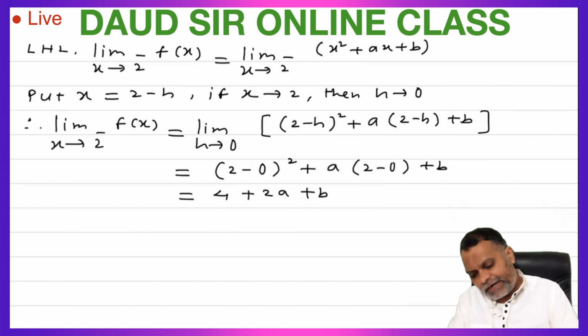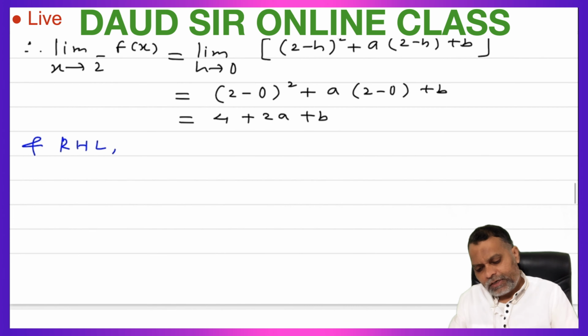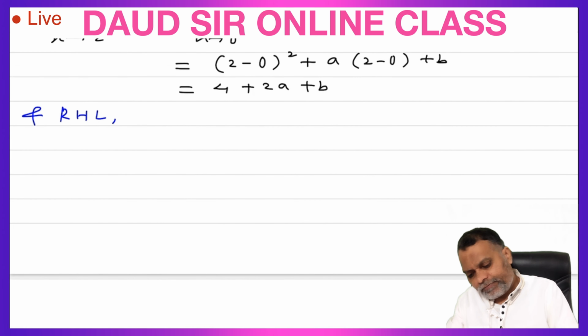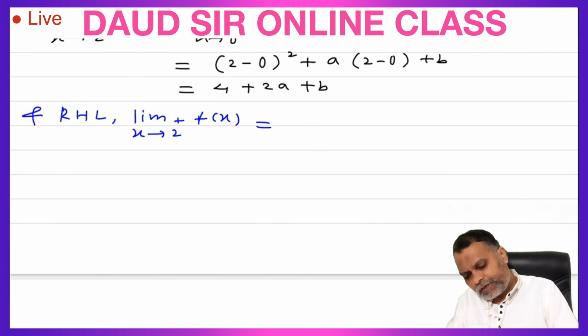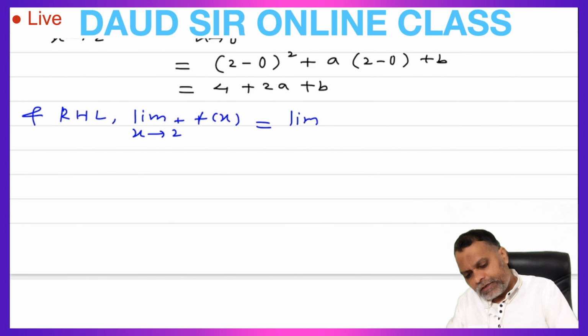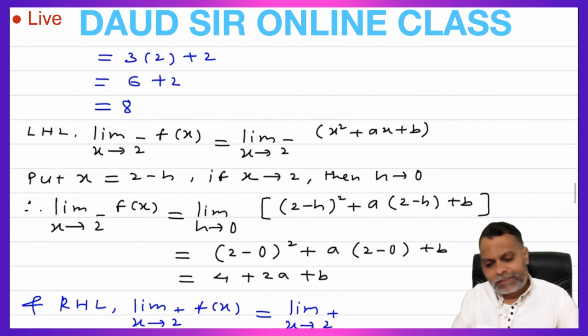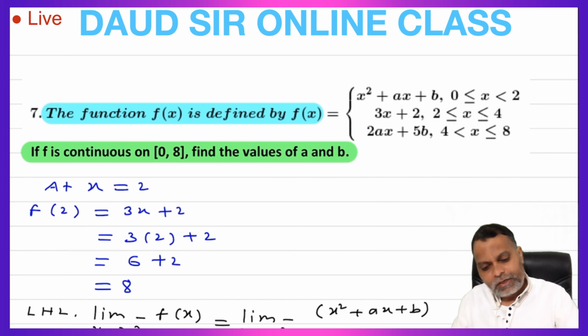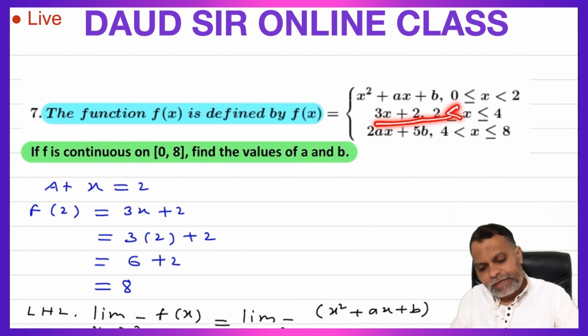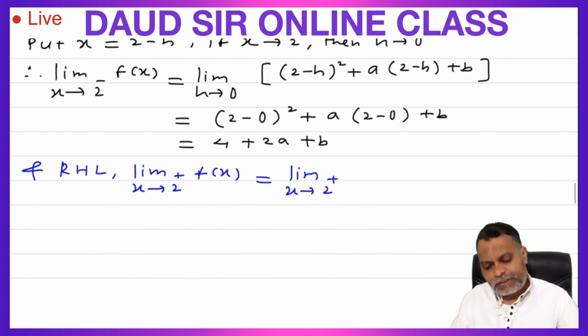And right hand limit, limit x tends to 2 plus f of x is equal to limit x tends to 2 plus, where x is greater than 2. x is greater than 2 here, so take this function 3x plus 2.